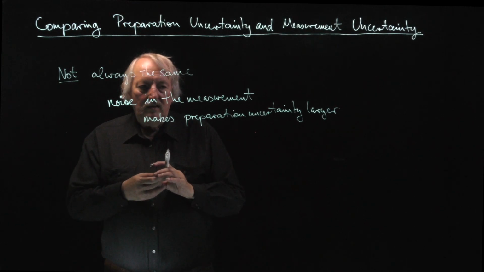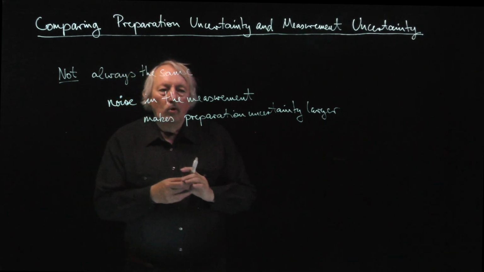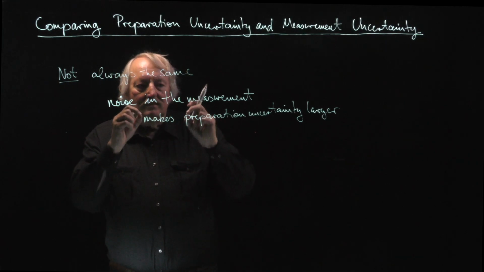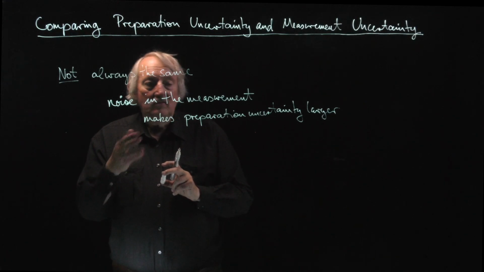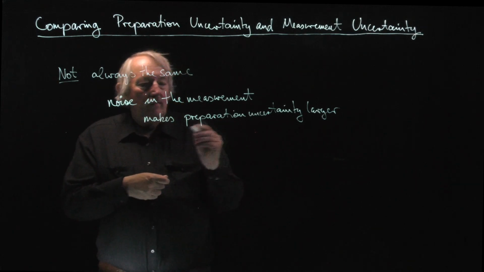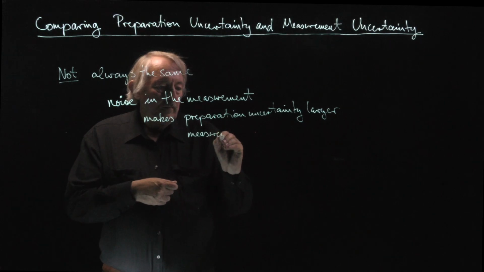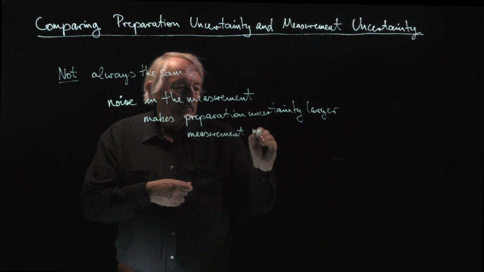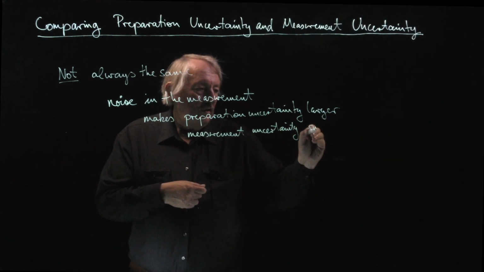There, it's very striking that you're just adding noise, right? So the more noisy measurements are actually exactly jointly measurable. So the measurement uncertainty, in the sense I defined, is zero, right? So it makes measurement uncertainty smaller.